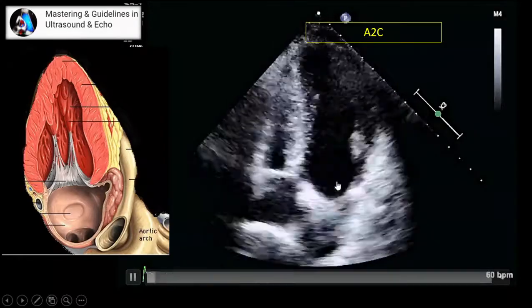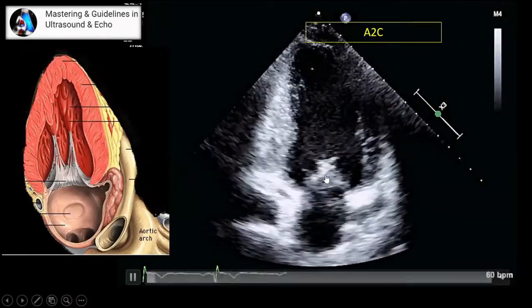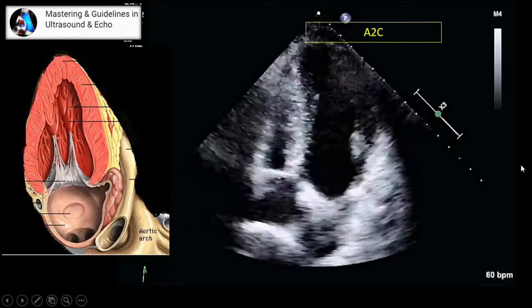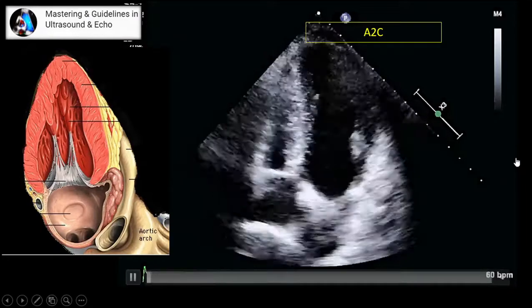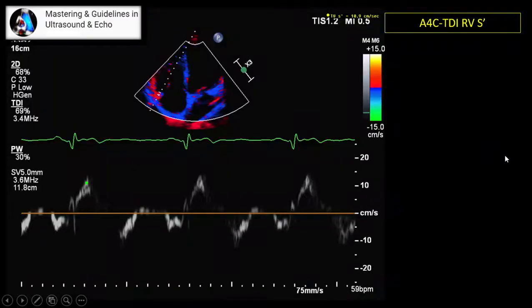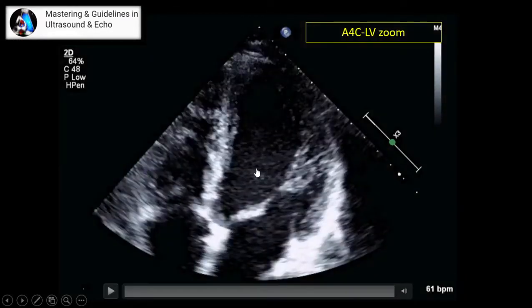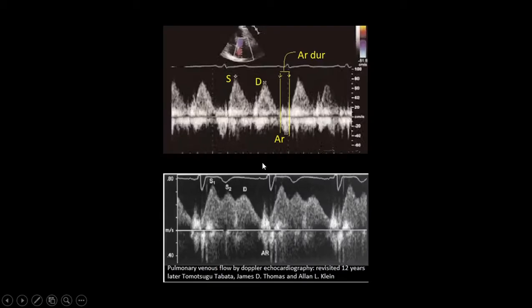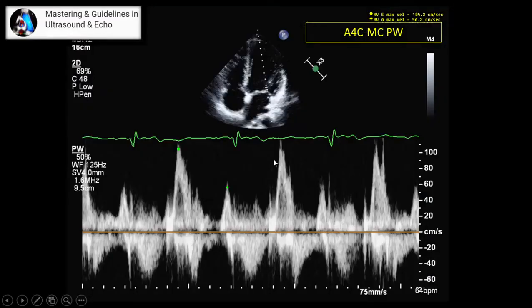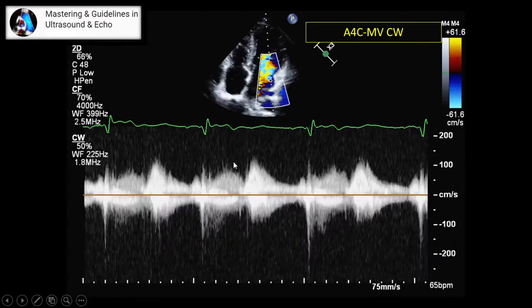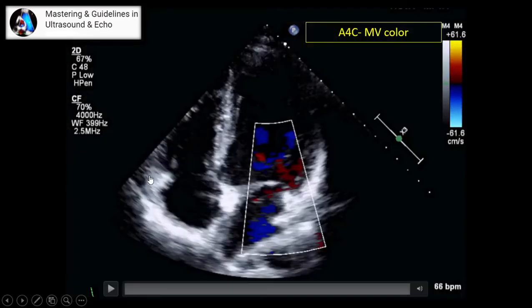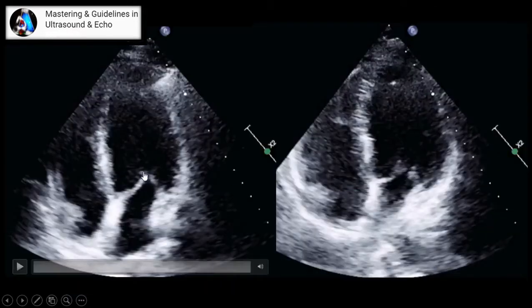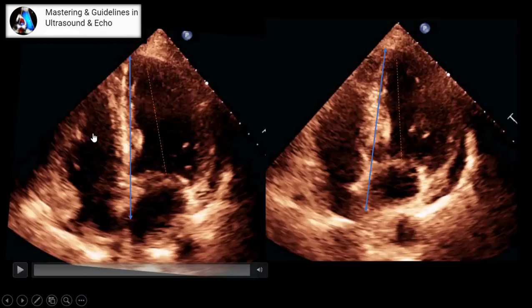I'm not going to talk to you about this exactly. Just to remind you that in a different angle, a little change in your axis can affect the structure you will get on the apical two-chamber view. For example, let me show you, go back to our first slide.